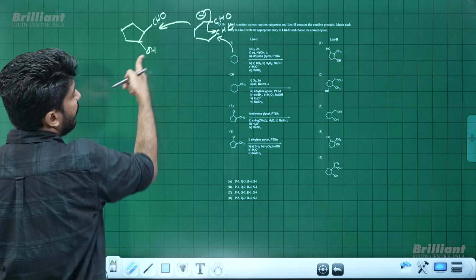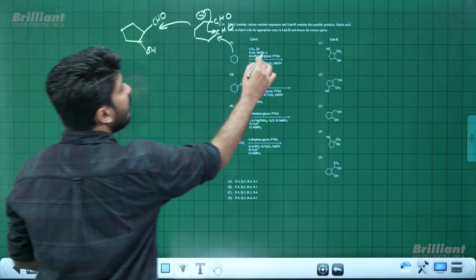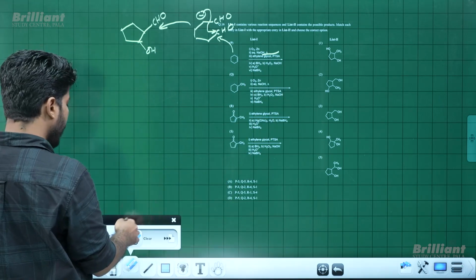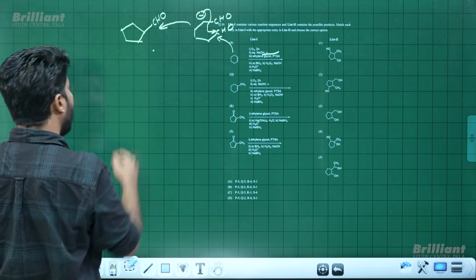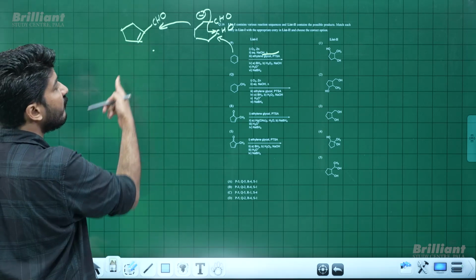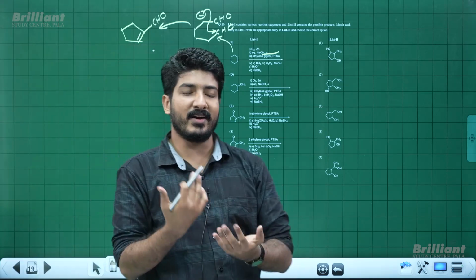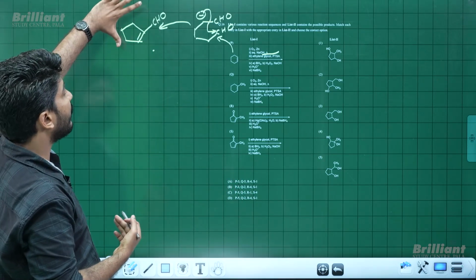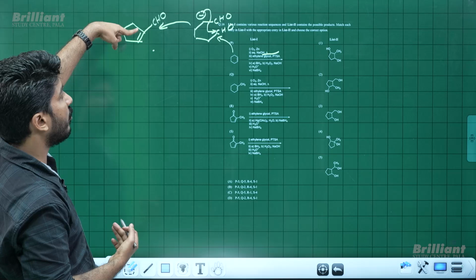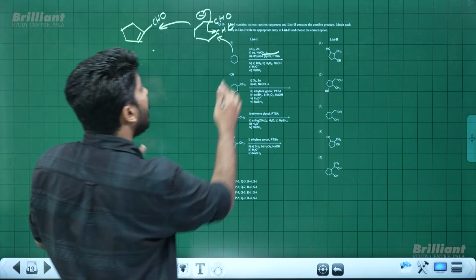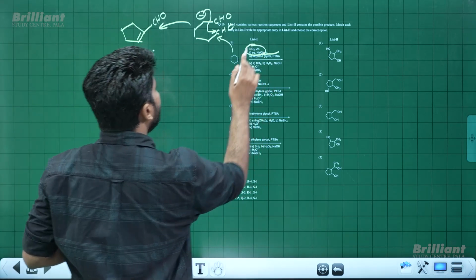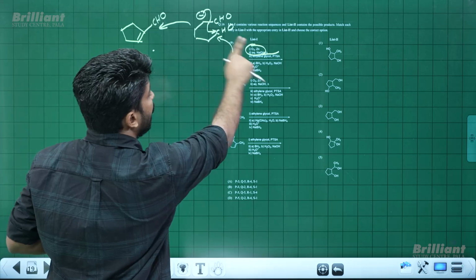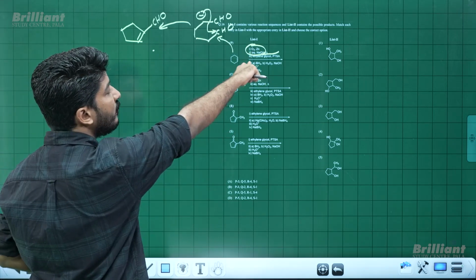There is an aldol. Heating is also mentioned, so heating will cause elimination of water from the structure, giving rise to the aldol condensation product. So that alkene is finally converted to an alpha beta unsaturated carbonyl compound. That is what happened in the first two stages of this reaction.